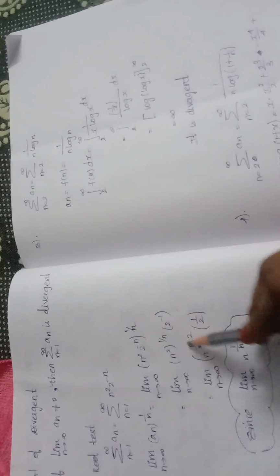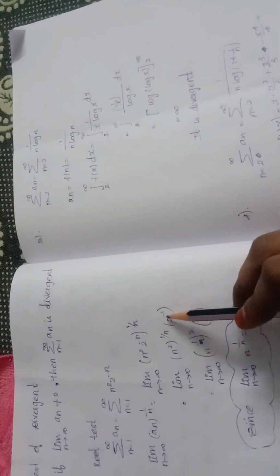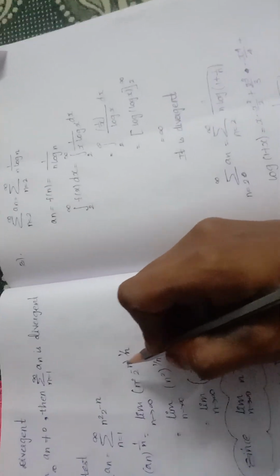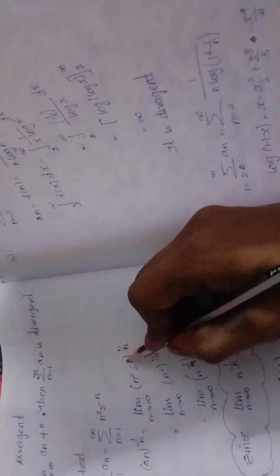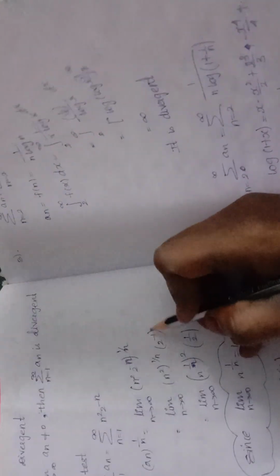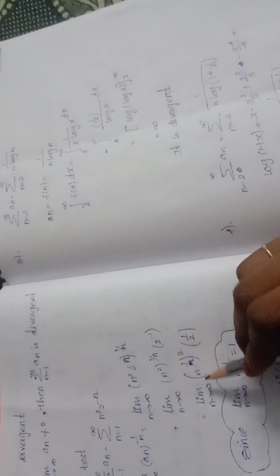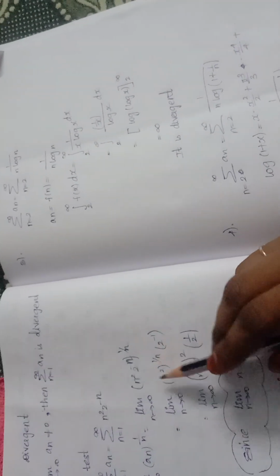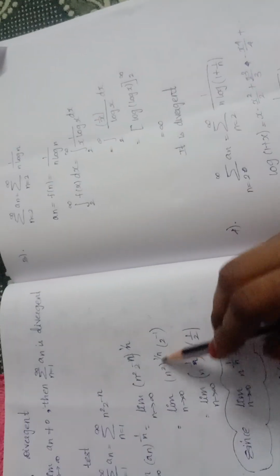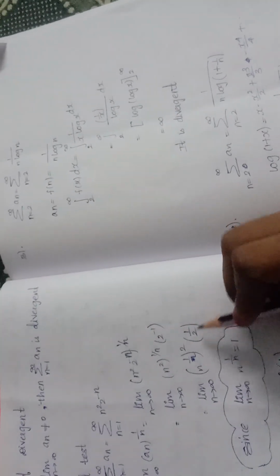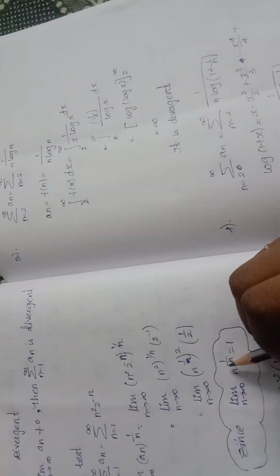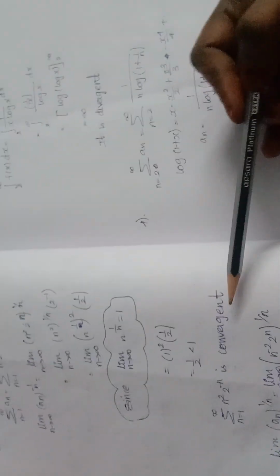So n squared power 1 by n times 2 power minus 1. The n power 1 by n is 1 since the limit as n tends to infinity of n power 1 by n equals 1, and the remaining term is 1 by 2. So 1 by 2 is less than 1, so this series is convergent. So we get one convergent series.